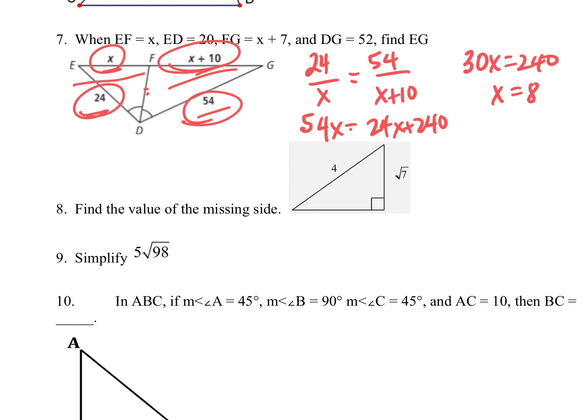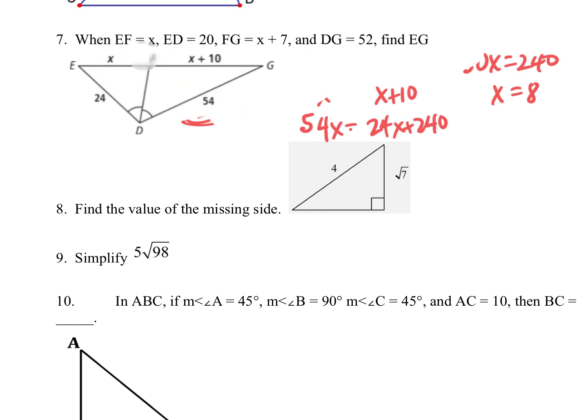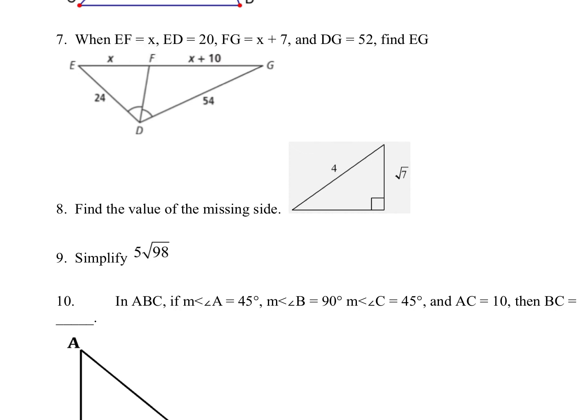If I do it again, but instead I write over everything with what is given in the words of the problem, it would be EF is x, ED is 20, FG is x plus 7, and DG is 52. So we would do x over 20 equals x plus 7 over 52.